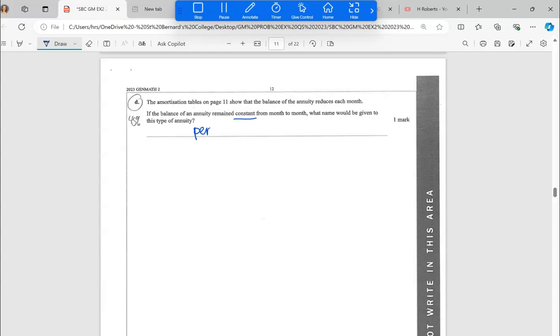Now it seems in both exams, both the short answer and the multi-choice, that perpetuities have come up in terms of problem questions. So I think you really should be getting a good understanding of what exactly a perpetuity is.